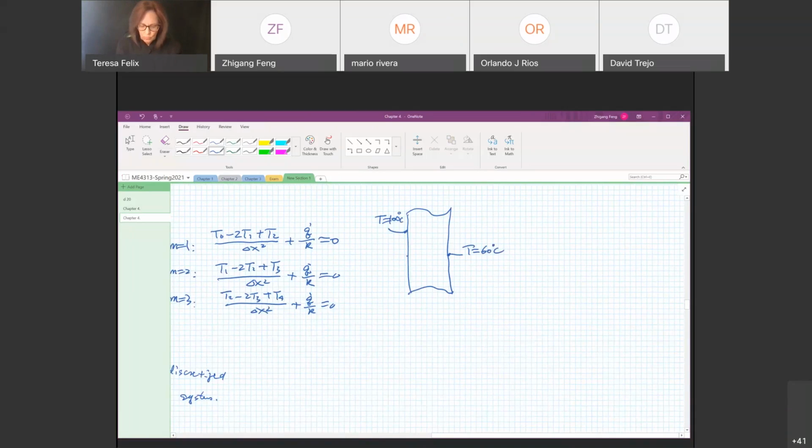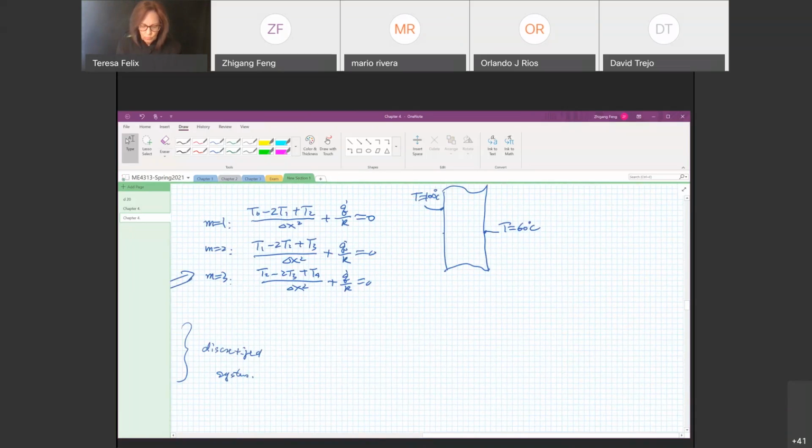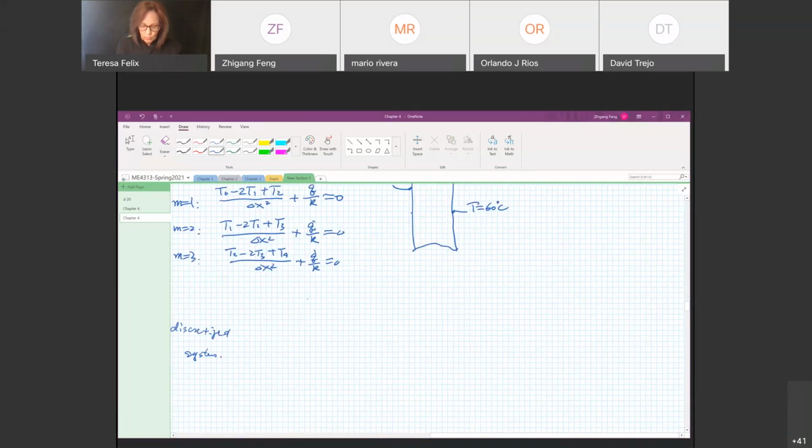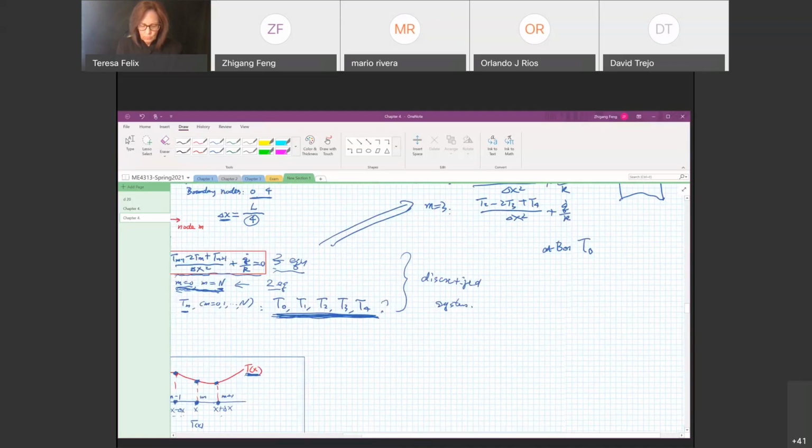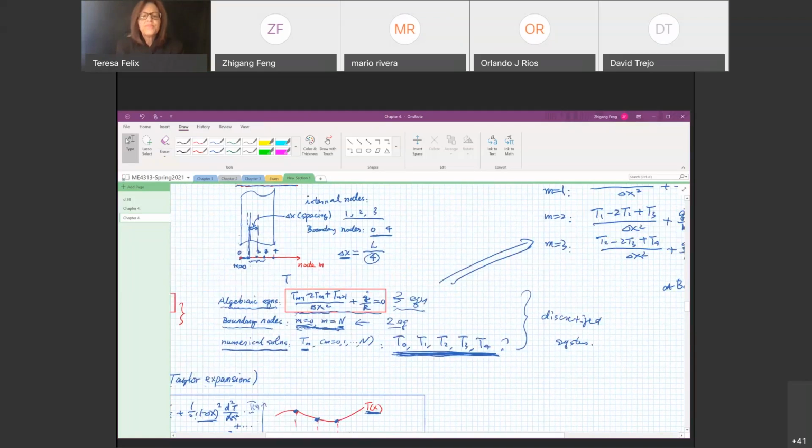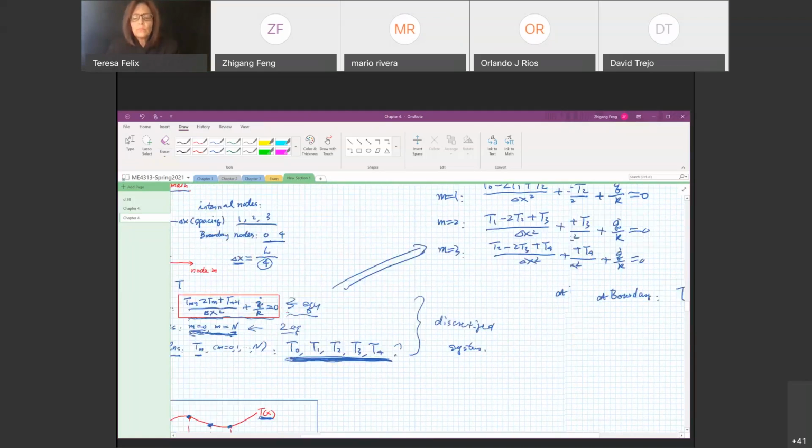If that's the case, then at the boundary, T0, which is the temperature of the first node, will simply equal 100.